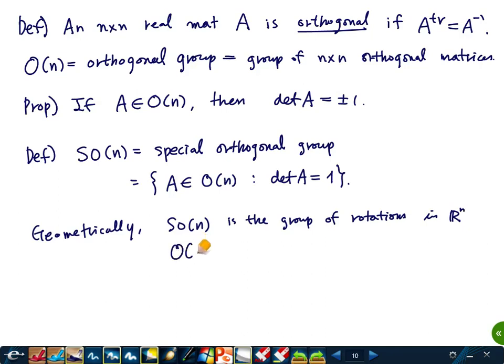And O(n) is the group of rotations and also reflections. So there are more operations here.